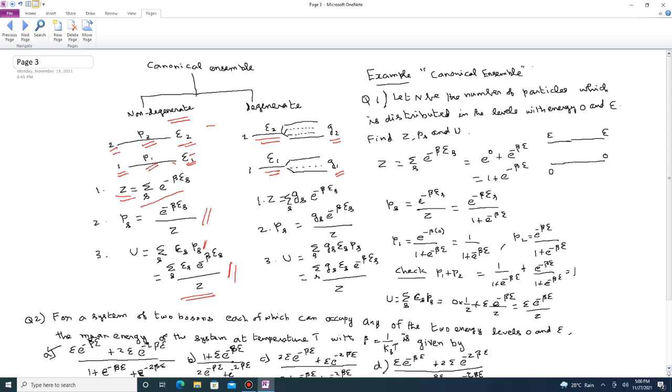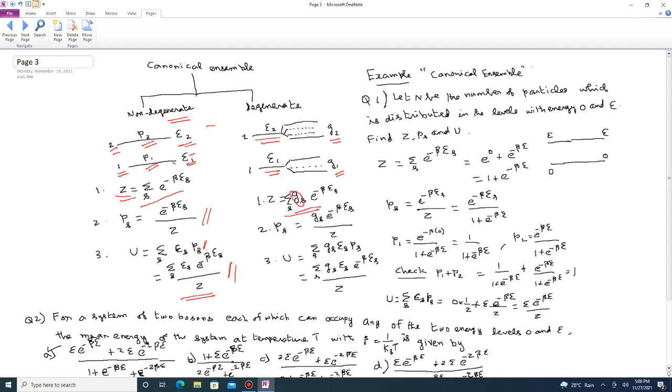So we consider a degenerate system with two levels with energies E1, E2. The multiplicity of level 1 is G1 and the multiplicity of level 2 is G2, or we can call this the degeneracy of the level: the degeneracy of level 1 is G1, the degeneracy of level 2 is G2. We can call it either the degeneracy of the level or the multiplicity of the level. Now in such a system, the partition function may be expressed by including the g_s here.